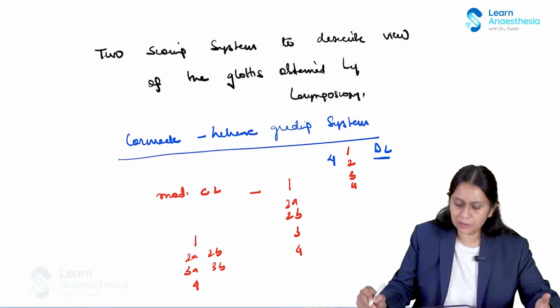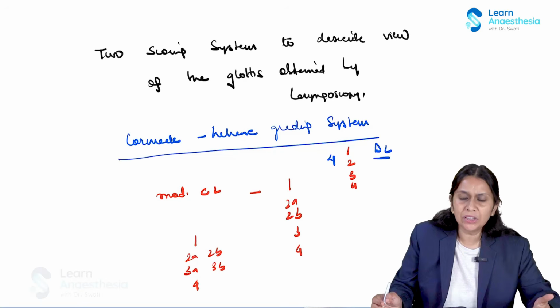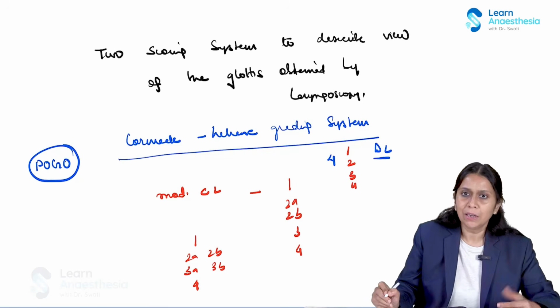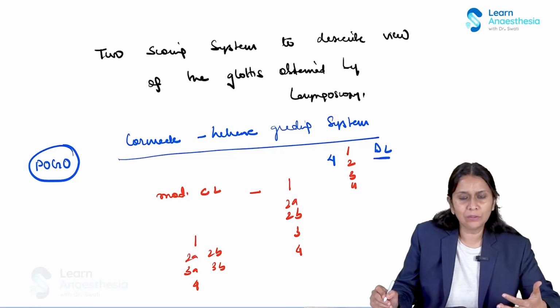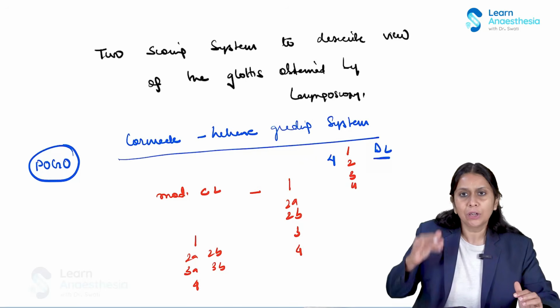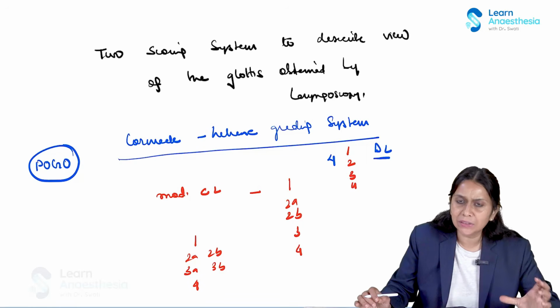Now the other grading system which I want to talk about is POGO, that is, percentage of glottic opening visible, right? This tells us that when we do the laryngoscopy, what percentage of the glottic opening, from the anterior commissure to the interarytenoid, is visible.